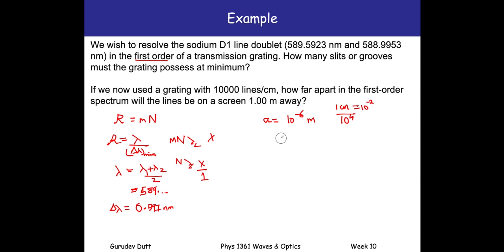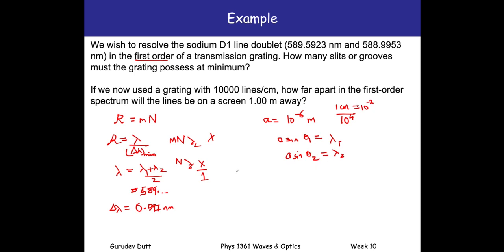And then we simply need to set a sine theta 1 equals lambda 1, since we have already put in the first order spectrum, and a sine theta 2 equals lambda 2. So from this I get theta 1 and theta 2, right?